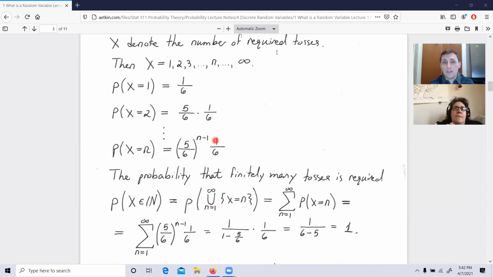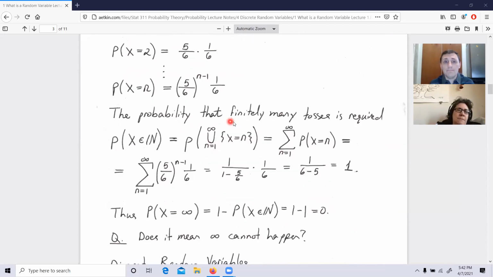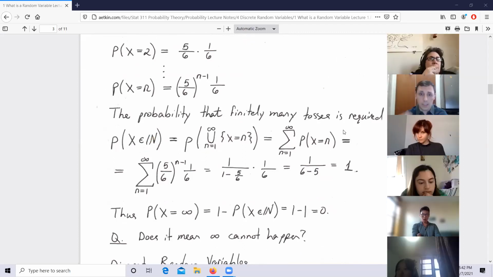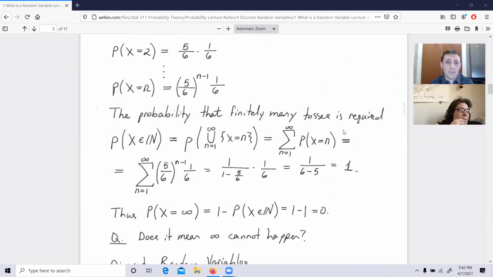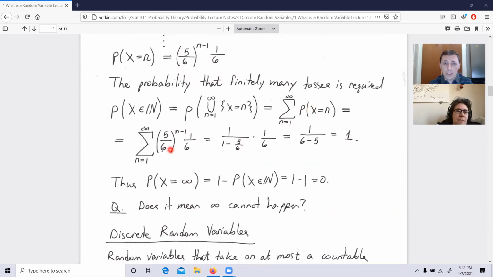And we can then verify that the probability that X is an integer, in other words, that it will take finitely many rounds until we get a 6. That's the probability that it will take either 1 round or 2 rounds or 3 rounds or however many rounds. It's the summation here.